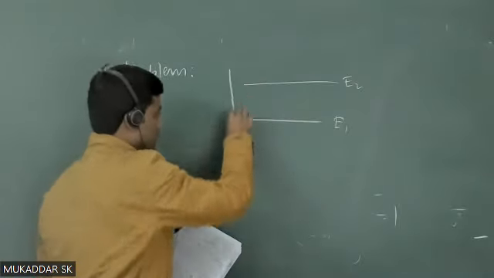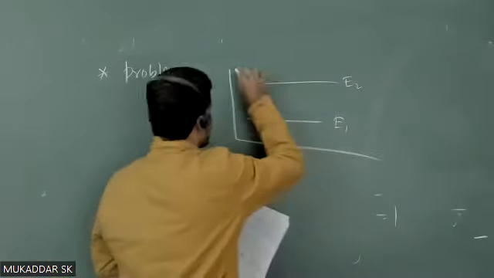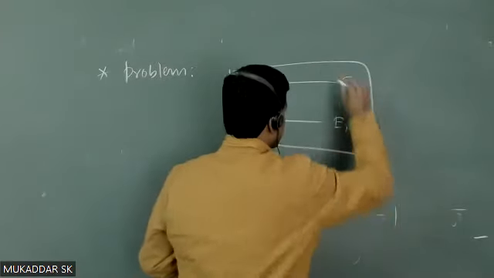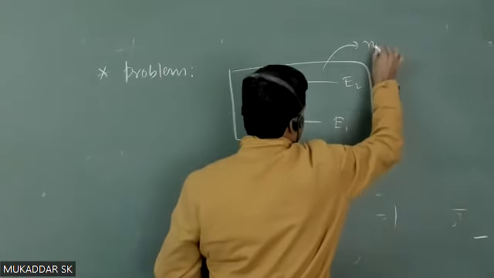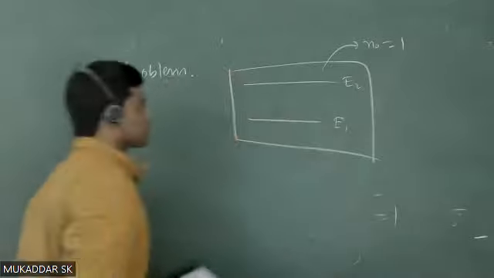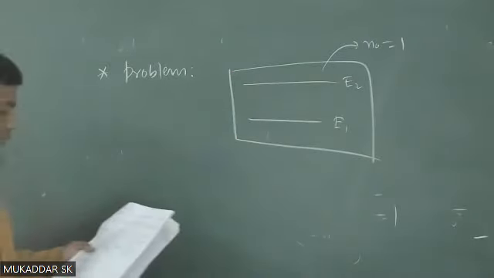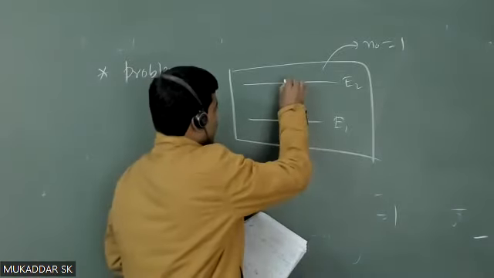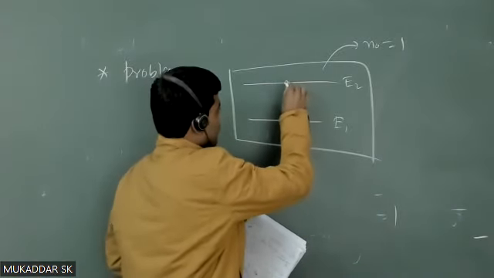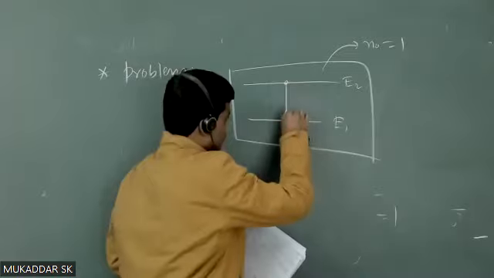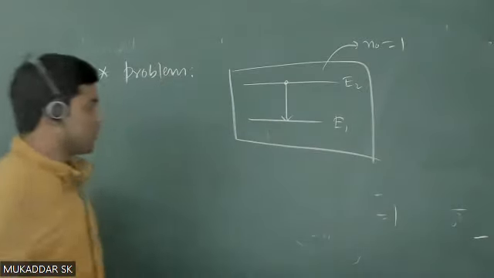And this system has a refractive index given, that is N naught equals how much? That is 1. Okay. So when that electron or atom is making a transition from E2 to E1, it will emit a photon.